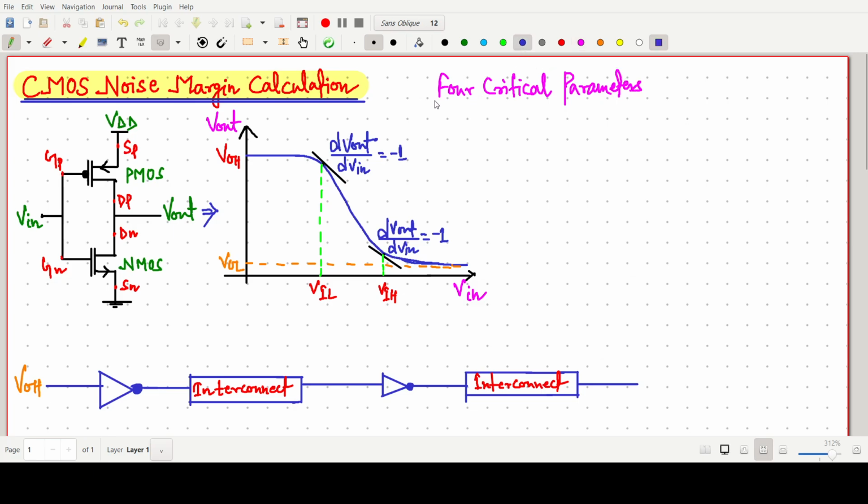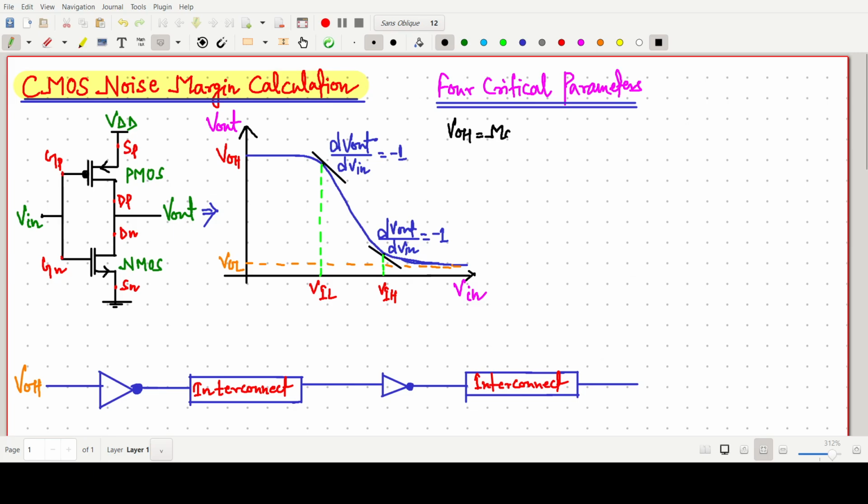The very first one is our VOH. VOH is the output high level voltage, or better to say, the maximum output.